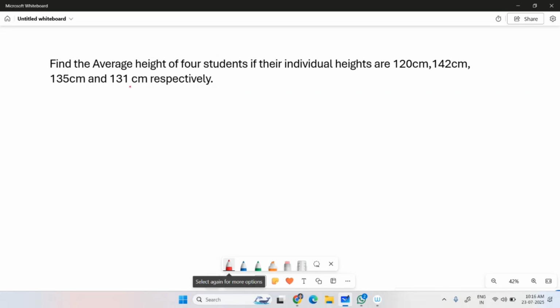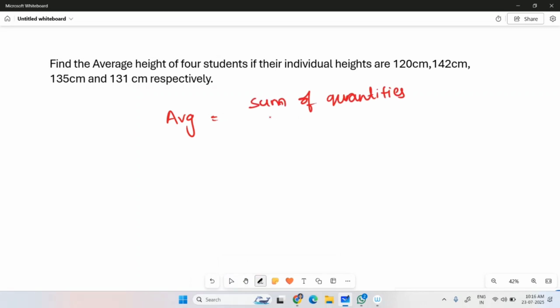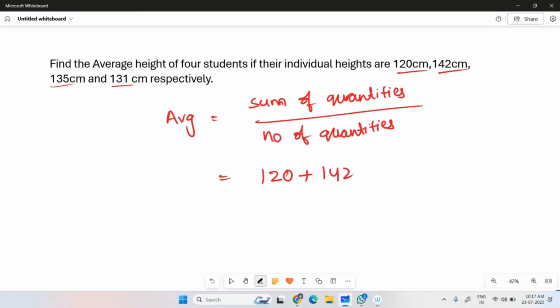We know the average formula: sum of quantities by number of quantities. Sum of quantities means the four students' heights: 120 centimeters, 142 centimeters, 135 centimeters and 131 centimeters. Total number of students? 4 students, so divided by 4.